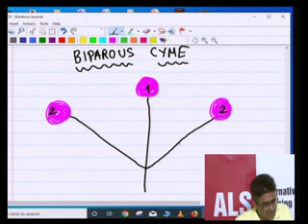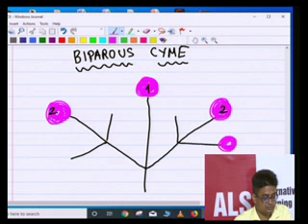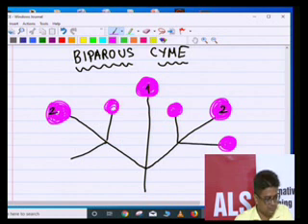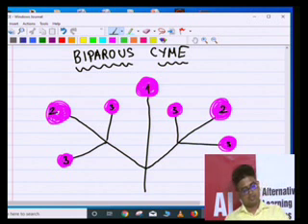Okay. Now it will have this kind of pattern. So here, first, second, third, and third. Alright. I hope it's visible to you on the screen.